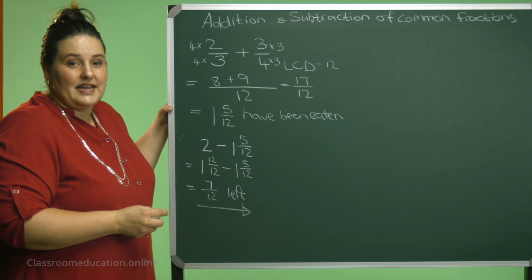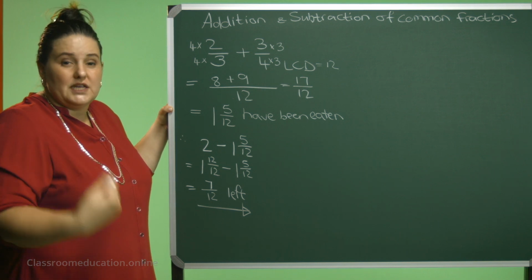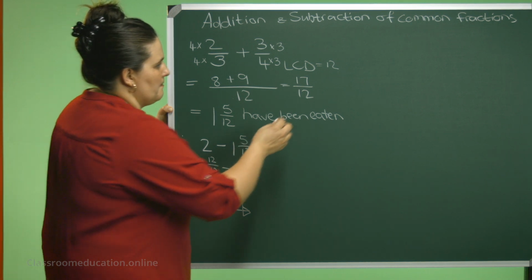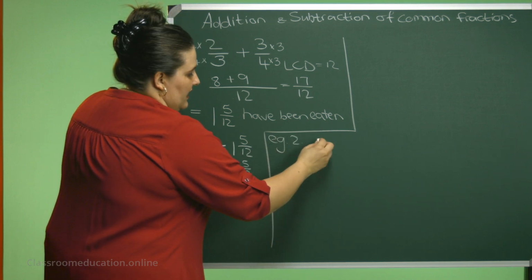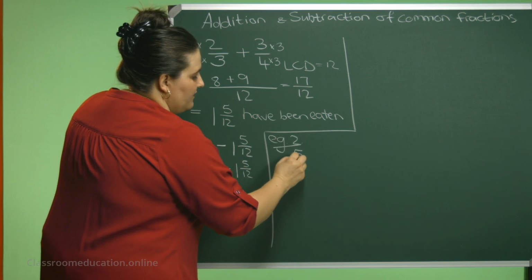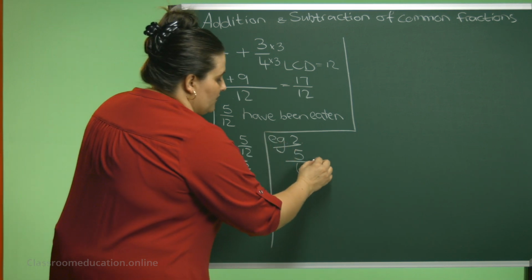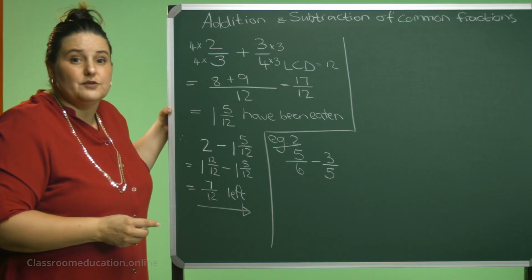I hope you understand this. Let's do another couple of examples to see whether you grasp the concept of addition and subtracting. Example 2. If I have 5/6 and you need to subtract 3/5 from that, how will you handle it?